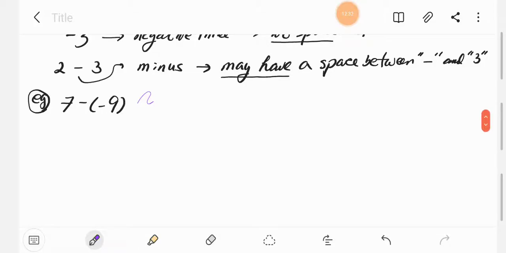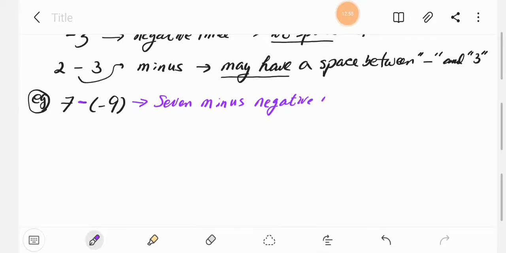All right, then how do you read this expression? This is 7 minus, right? This is not the opposite, this is actually a minus sign. Then 7 minus negative 9.